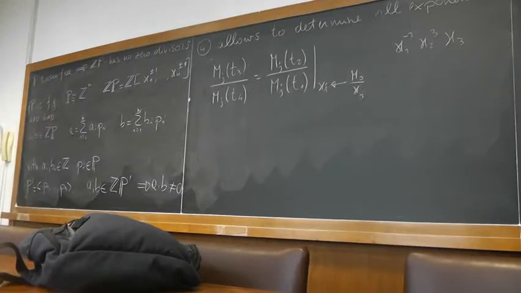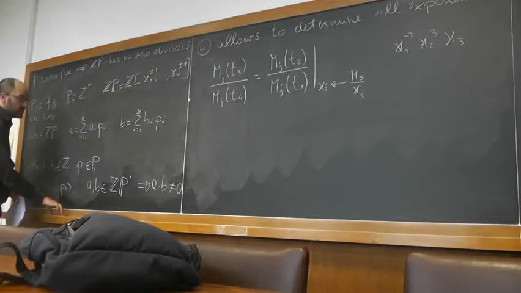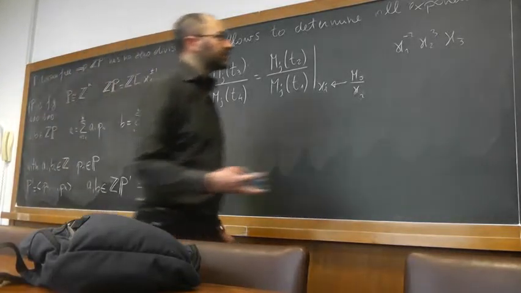Is it clear? So there is this small argument if P is abelian, but I don't know the result if you don't have this.